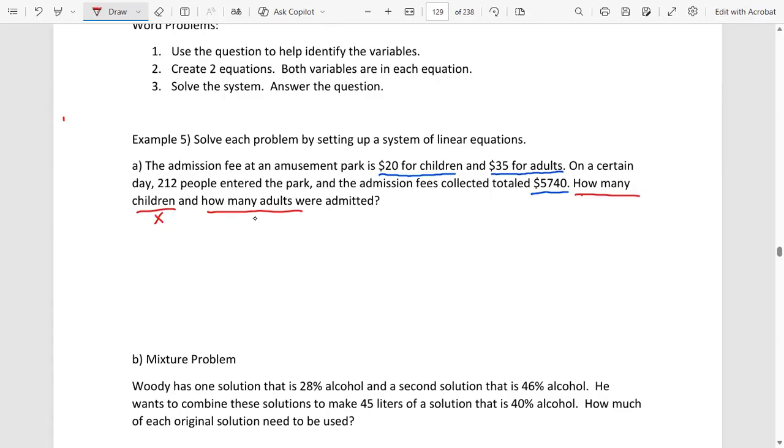For how many adults I'm going to use y. You can choose C or A, or any other letters that explain, but you have to define them. You have to say what x means and what y means. x is the number of children, and y is the number of adults.